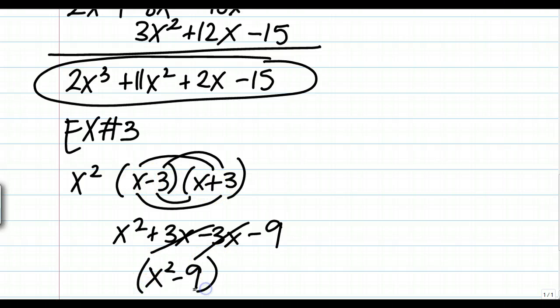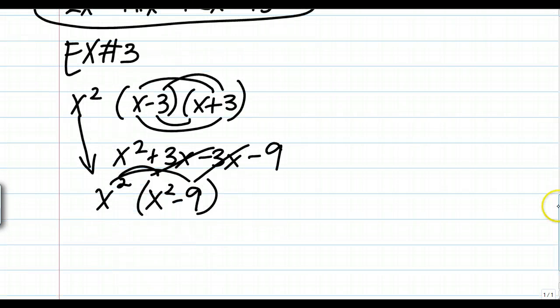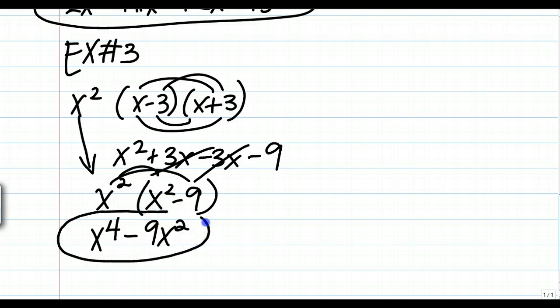So now I have x squared minus 9, but I still have my x squared. So I have to now distribute that to each part. x squared times x squared is x to the 4th. x squared times negative 9 is negative 9x squared. And this is my final answer.